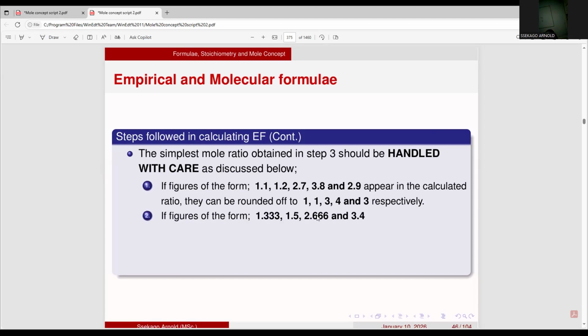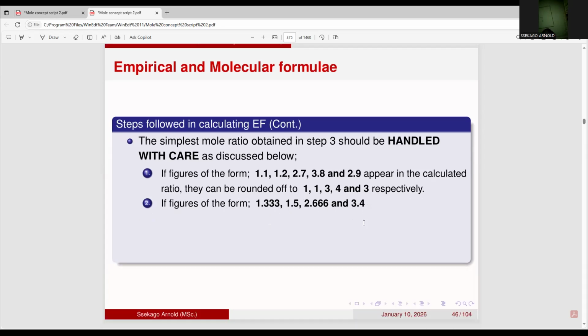Now, there are these figures: 0.33, 0.5, 0.66, 0.4. If figures of this form appear in the ratio, what do we do?